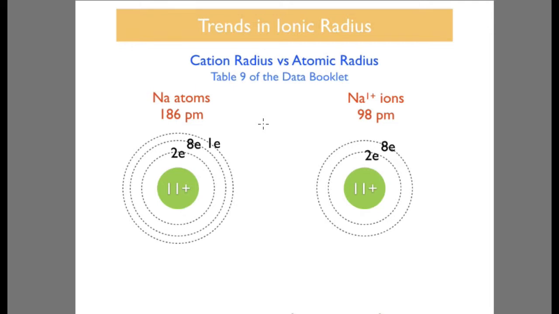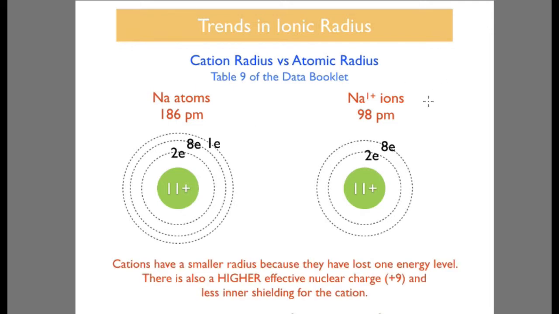The big difference is, of course, that the sodium atom has a third energy level, whereas the sodium ion just has 2 energy levels. The cations have a smaller radius because they have lost one of these energy levels. And there's also a higher effective nuclear charge of +9, and there's less inner shielding for the cation.